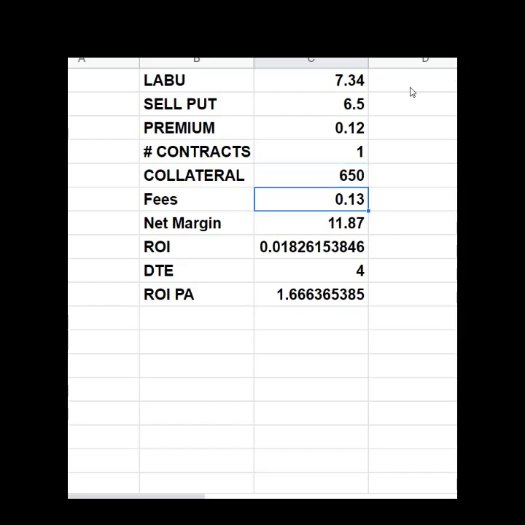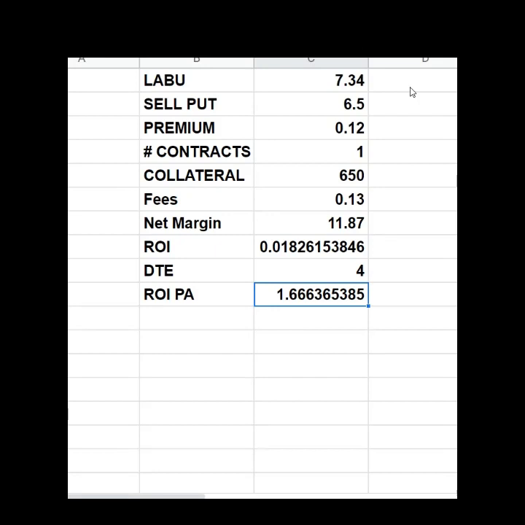If we assume that Tastyworks will take 13 cents in fees, and we're going to be paid 12 cents per share, so that would be $12 minus the 13 cents, which translates to a net margin of $11.87. This will be a return on the $650 investment of about 1.8%, almost 2%, and the days to expiration for the options contract is 4 days.